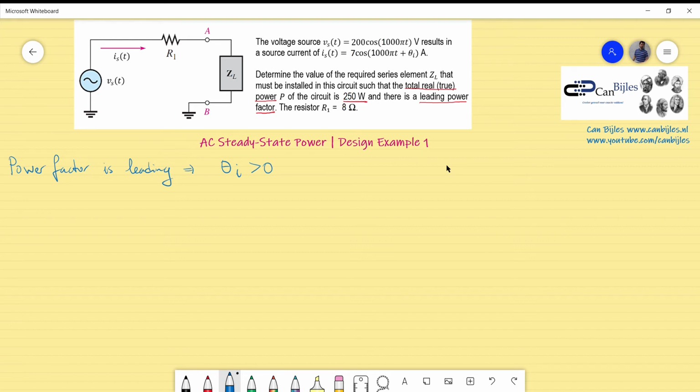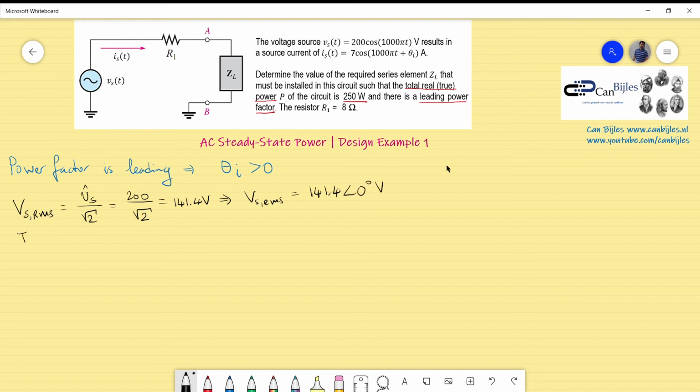For the power calculations, as we know from the previous examples, we need the RMS values, for both the voltage source and the resultant current. So let's first determine those two. Vs RMS is the Vs amplitude divided by the square root of 2, which is 200 divided by square root of 2, or 141.4. In phasor notation, that is 141.4 phase 0 degrees.